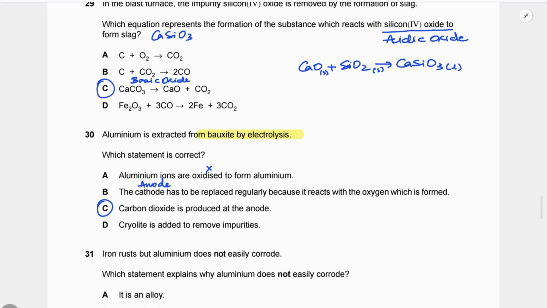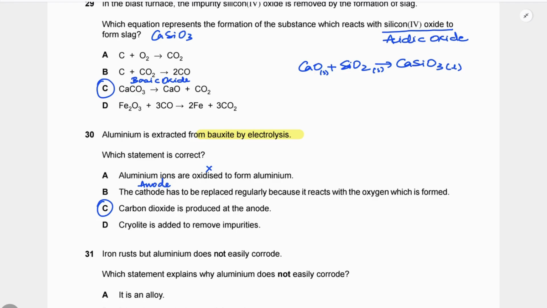Aluminium is extracted from bauxite by electrolysis. Which statement is correct? Aluminium ions are oxidized to form aluminium. No, they don't get oxidized. The cathode has to be replaced regularly because it reacts with the oxygen which is formed. No, it's actually the anode that needs to be replaced. Carbon dioxide is produced at the anode, which is correct. Why?